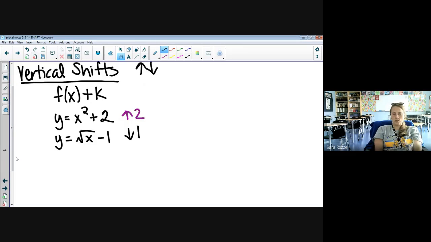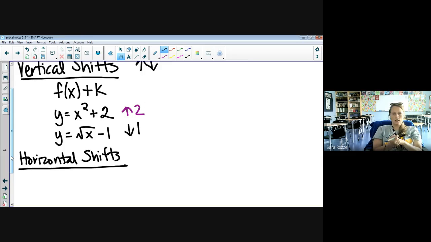Now we'll switch to our horizontal. Everything we're doing has a vertical part and a horizontal part. So the vertical shifts were outside of the function or outside of the parentheses.